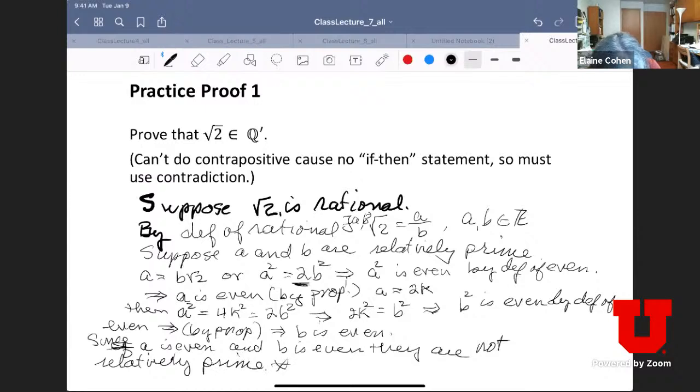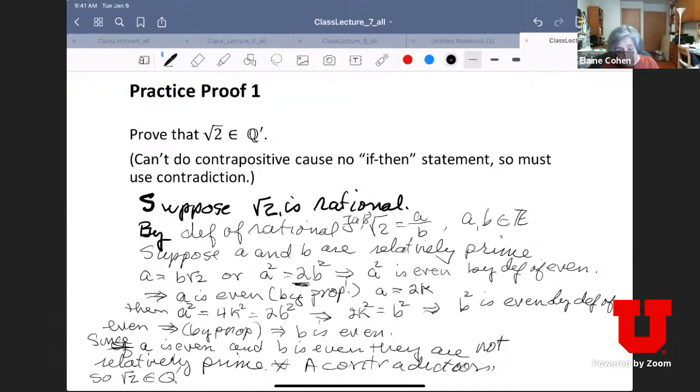And that's a contradiction. Okay, so the square root of 2 is not in the rationals. You can see how that little proposition is really handy.